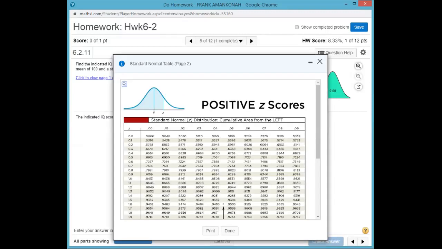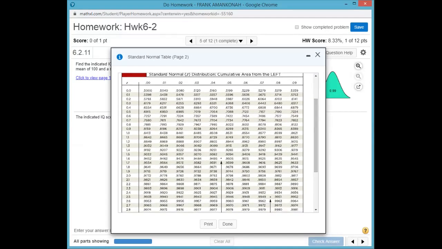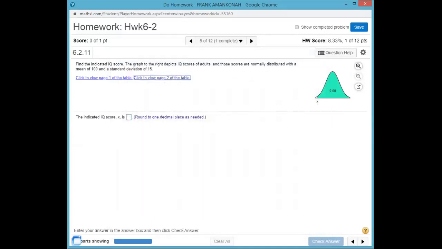So I'm using the table, and I'm looking for 1.2 under 1, so 1.21, and that probability is 0.8869.